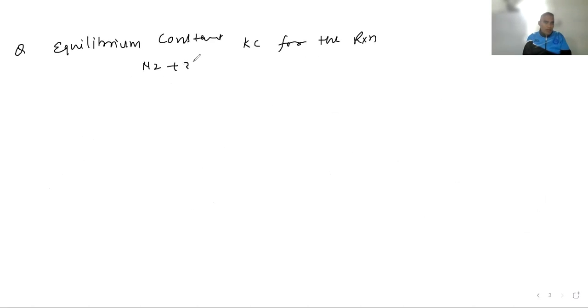Here is the question. The equilibrium constant Kc for the reaction N2 plus 3H2 giving 2NH3 is 2 into 10 power minus 2. What is the question they are asking?